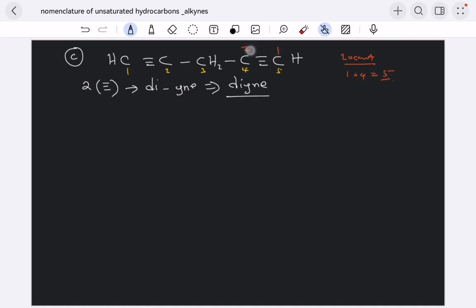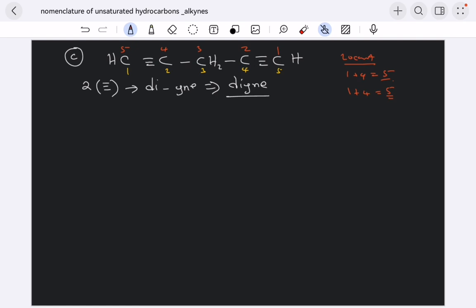When we use the other direction, still the first triple bond will be at position number 1, the second triple bond is at position number 4, so the locant is equal.